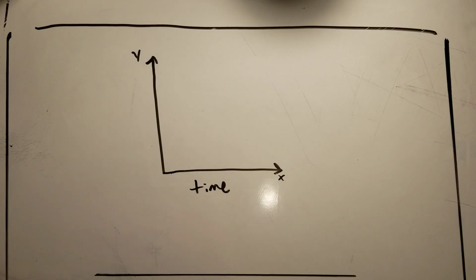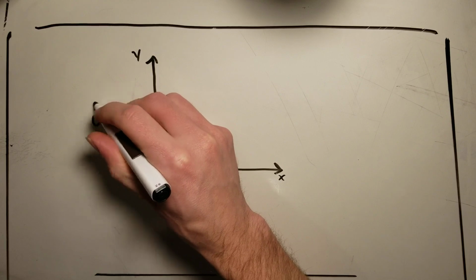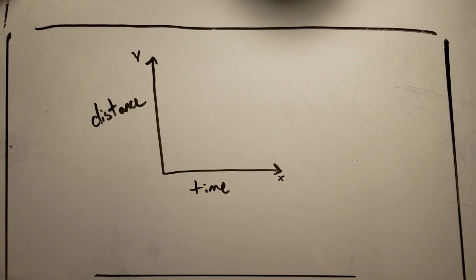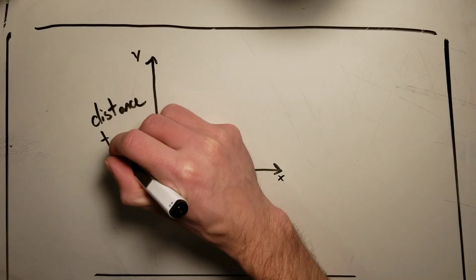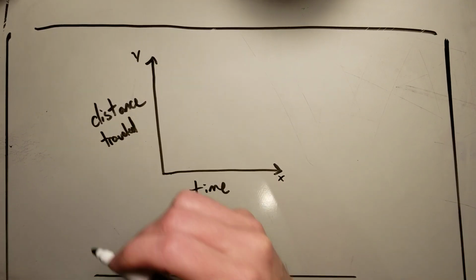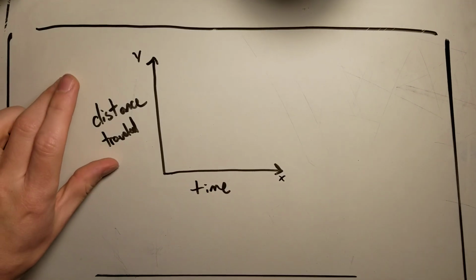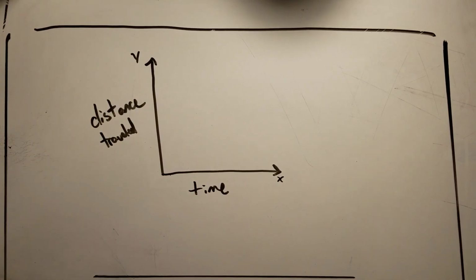So let's say for this one, we do the distance. So the distance of the runner, distance traveled, we can write that. Because you could also do the distance away from home or the distance away from the destination, and it changes the graph a little bit. We'll just say the total distance traveled.